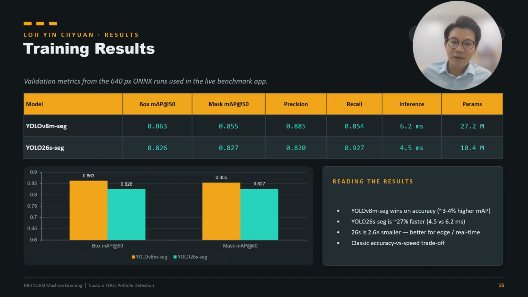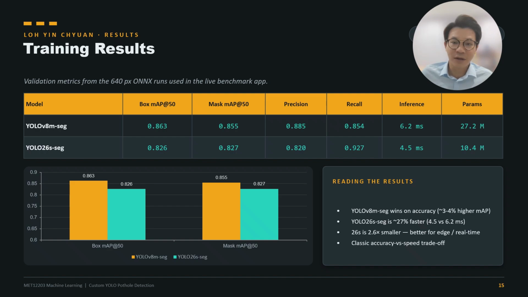YOLO26S achieves box mAP 0.826 and mask mAP 0.827 with precision 0.82 and recall 0.927.